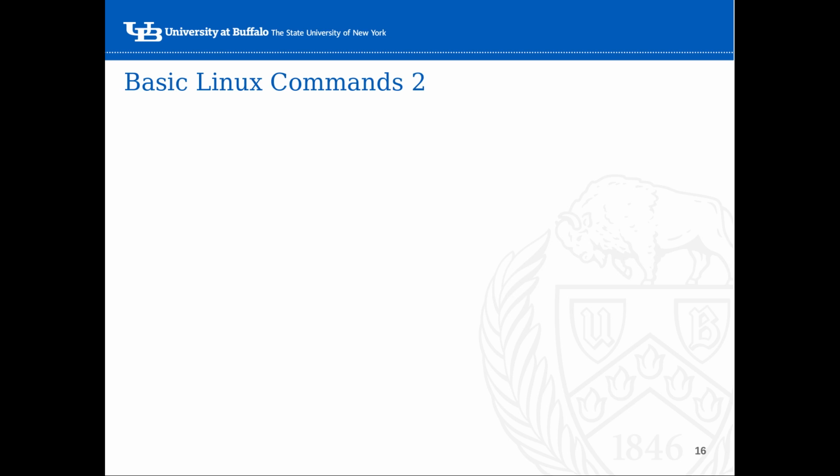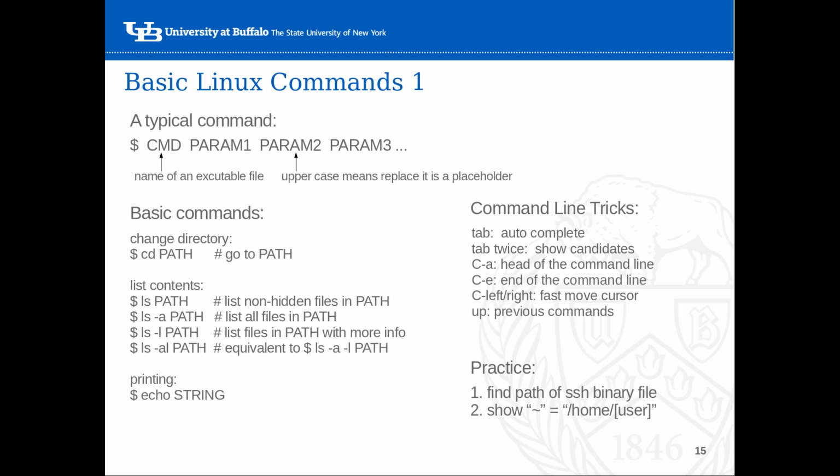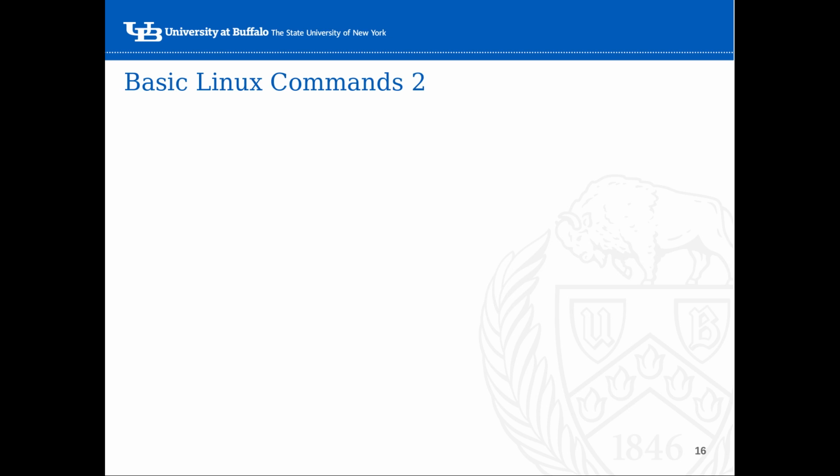All right. After the first set of practice, there's a second set. In the first set, we just learned three commands: how to change your directory, how to list the elements, how to show some strings, and some tips on how to type those commands faster. So for the second set, what do you want to do next if you want to run some jobs in CCR?